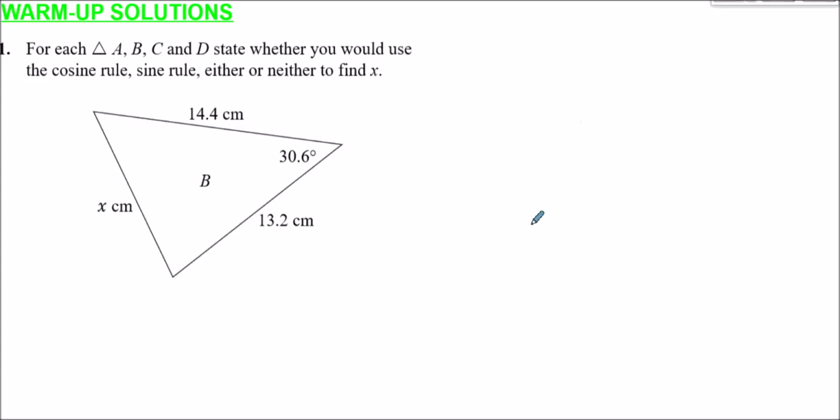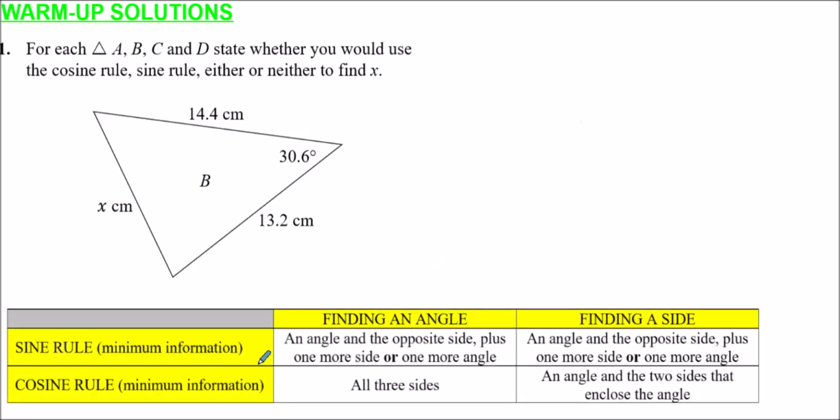For the second triangle, triangle B, again let's just think about what we know and also what we need to know, whether to use the sine or the cosine rule. So just pulling up this table again, here's the table which tells us which one to use. Just highlighting what we know, this side is 14.4 and this side is 13.2, and we also know an angle in between the 2 sides we know, and we're trying to find the side opposite.